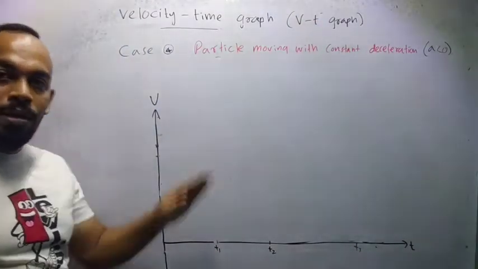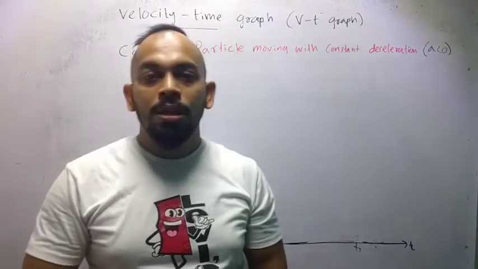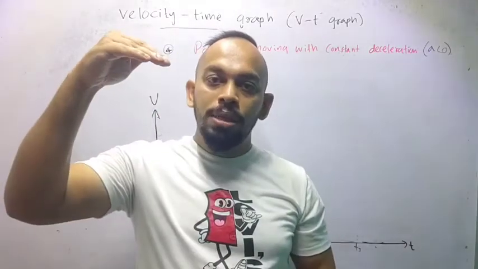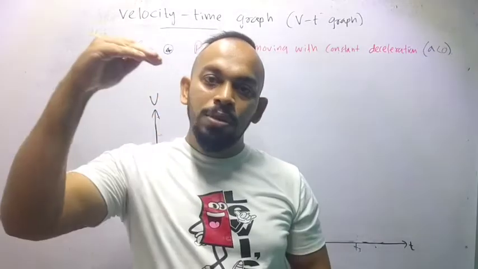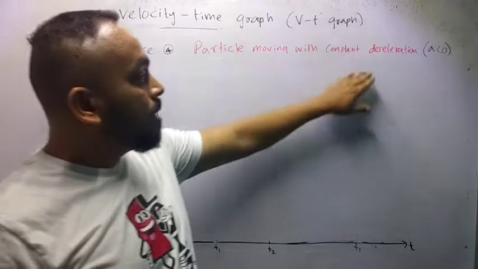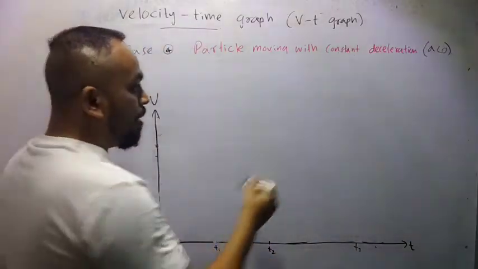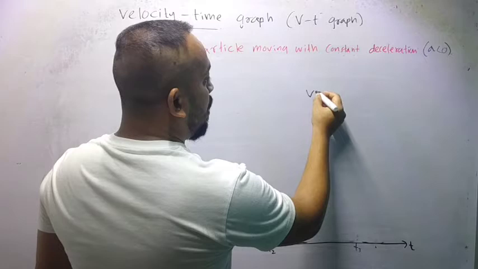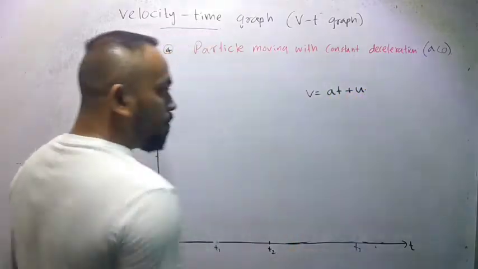Right. Case number 4 is about a particle moving with constant deceleration. Deceleration means velocity decreases. If it is a constant deceleration, velocity decreases linearly. So you can say the constant deceleration a is negative. So v equals u plus at, let's say at plus u.